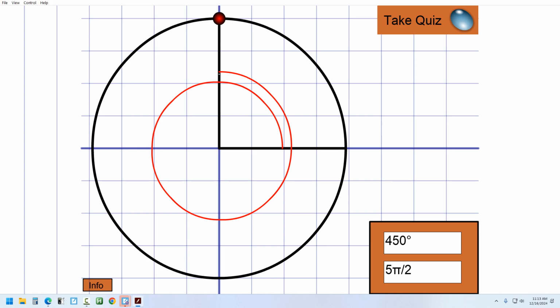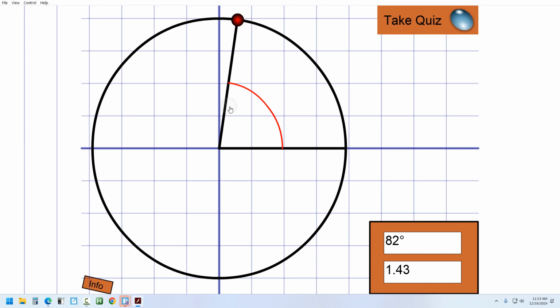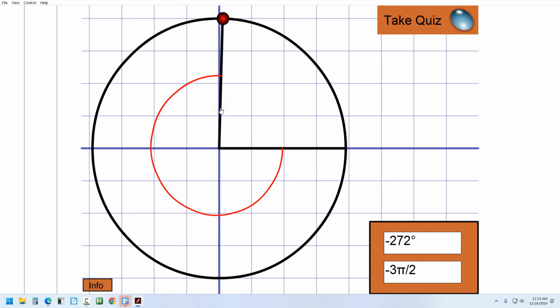Just go back to 360. Go back what? 360 degrees. Yeah, go back 360 degrees, which means subtract. There you go. So 90 and 450 are exactly the same. Now, also, if I had a negative angle, we generally don't like to work with those because they're more complicated. How could I turn that negative angle into a positive one? Yeah.